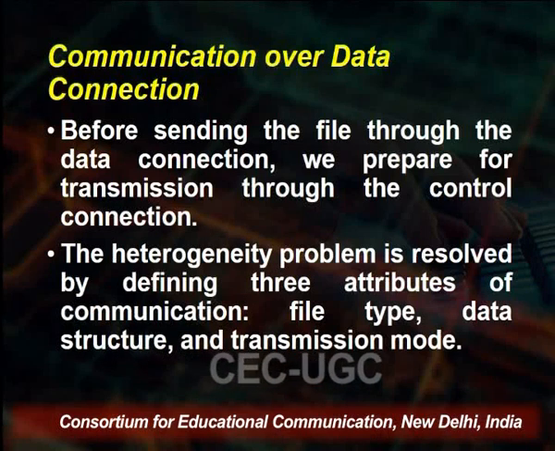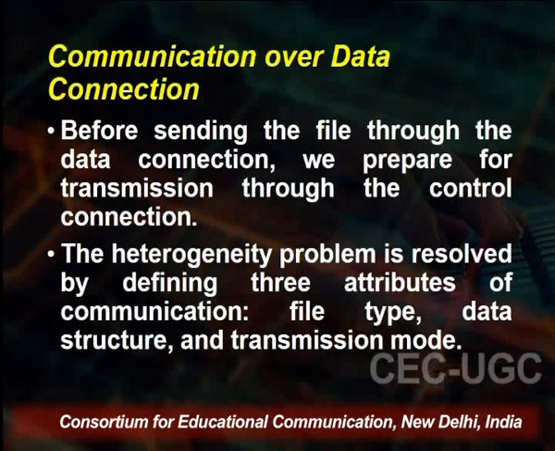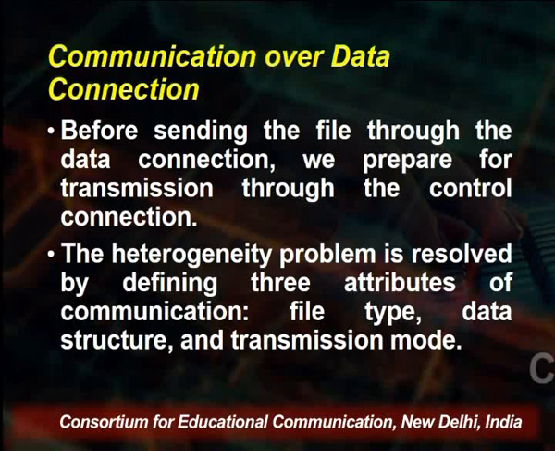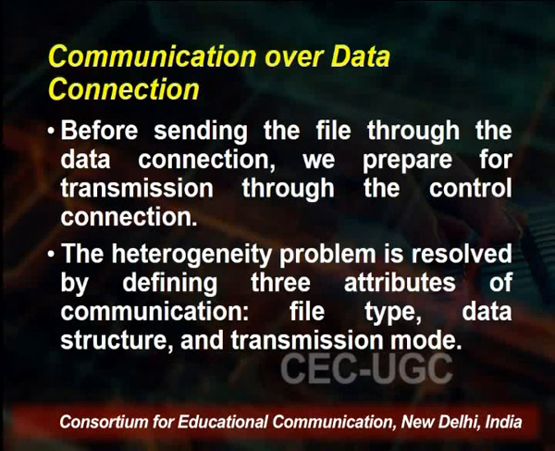So the client has to define very categorically what type of file, what is the structure of the data, and what is the transmission mode in which it wants the data to be sent. Before sending the file through the data connection, we prepare for transmission through the control connection, because this is how the problem of heterogeneity will be resolved.